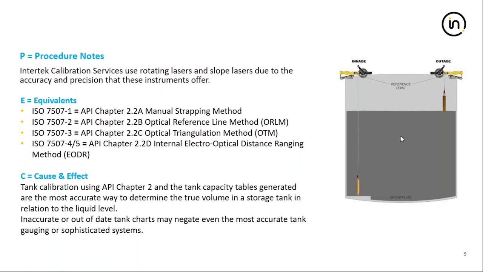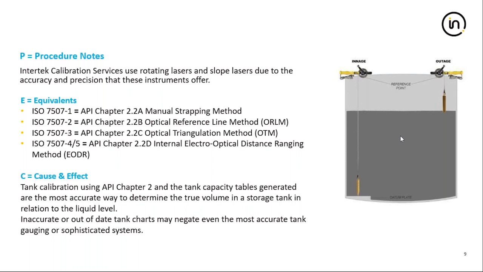So if you have an outdated or inaccurate tank chart, it is going to impact negatively. There is a cause and effect relationship between the inaccuracy of your chart and the inaccuracy of your inventory measurement and your true volume measurement.